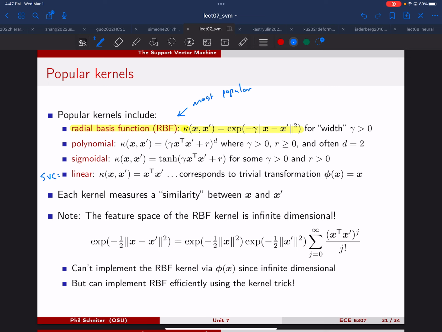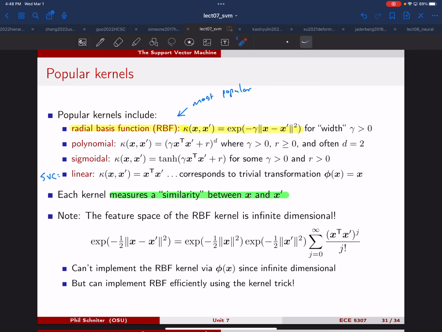Okay, so basically all these kernels, what they're doing is they're just different ways to measure a similarity between x and x prime, those two vectors. And there's different ways to define similarity here, but they're all things where the kernel value increases as x and x prime become more similar, right?